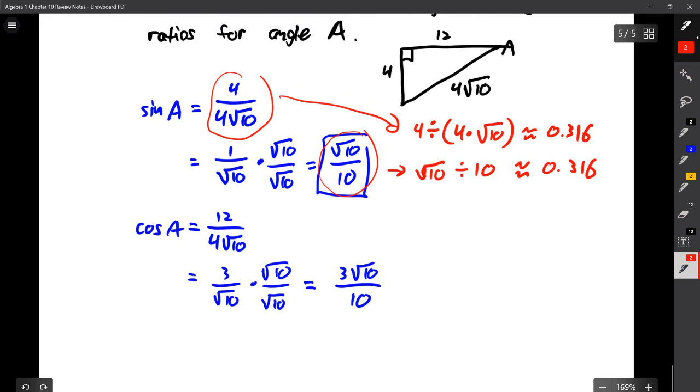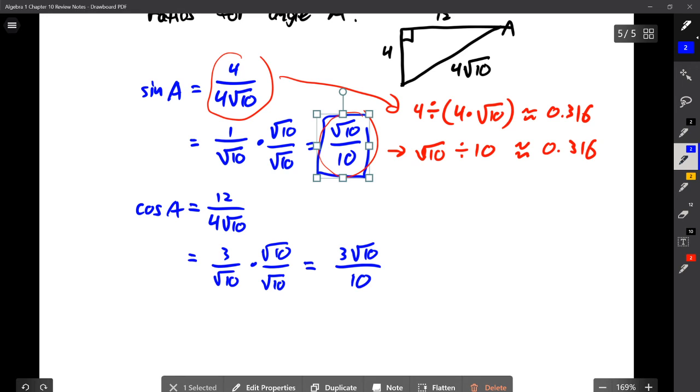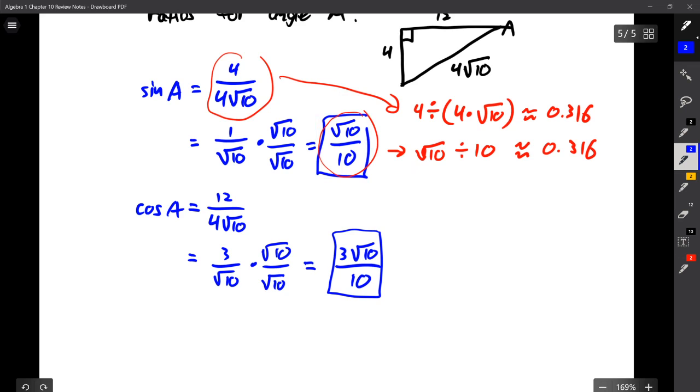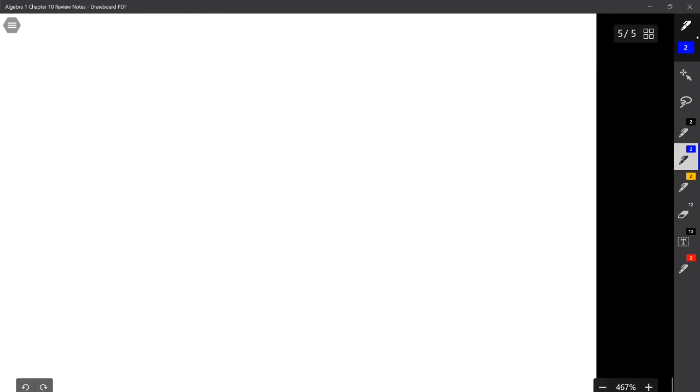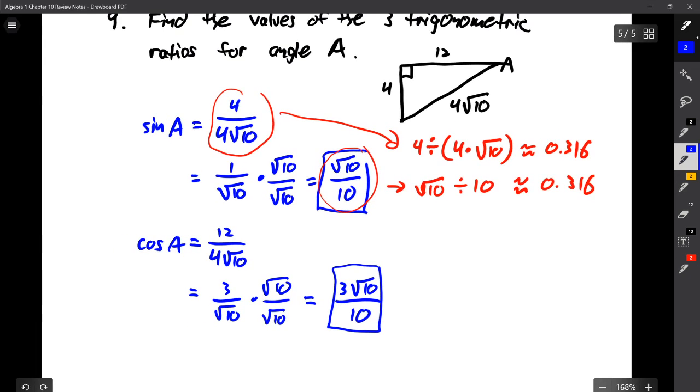And one more, tangent. Tangent, oh, so this was an answer. Sorry. I double-clicked to get rid of the select and accidentally zoomed. Okay. Tangent of angle A is opposite over adjacent, so that is 4 over 12, which simplifies to 1/3.